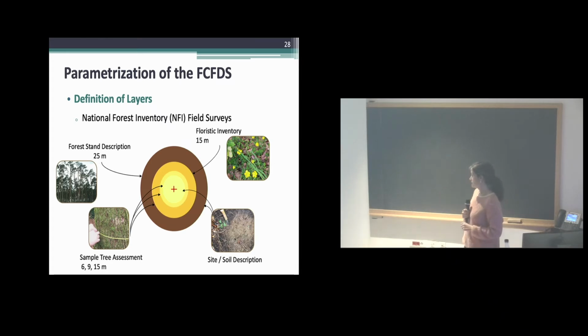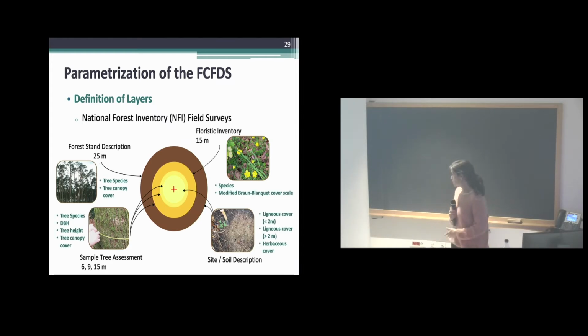During these surveys, we have a grid of plots over the whole territory, and every 5 years we perform measurements in these plots, which are circular plots with 4 nested plots inside. We have general information on the forest stand descriptors, the different species present, and a very good characterization of the trees.